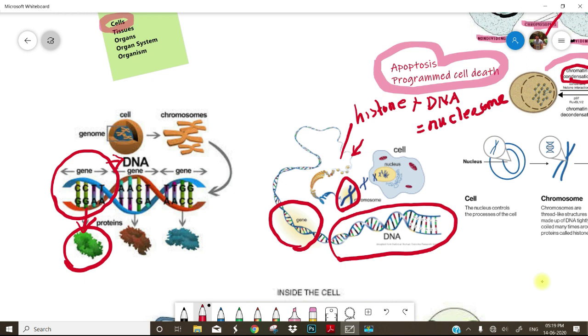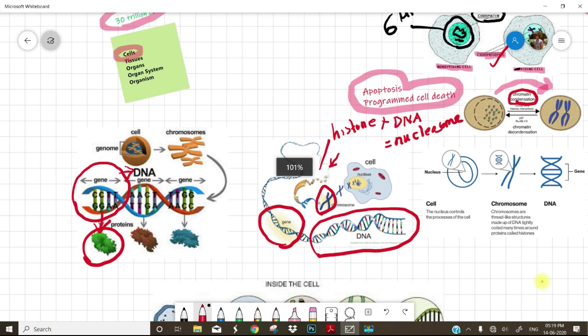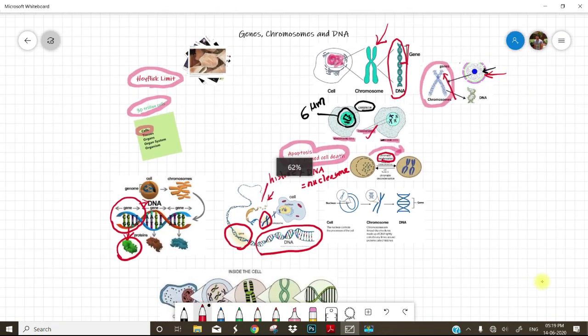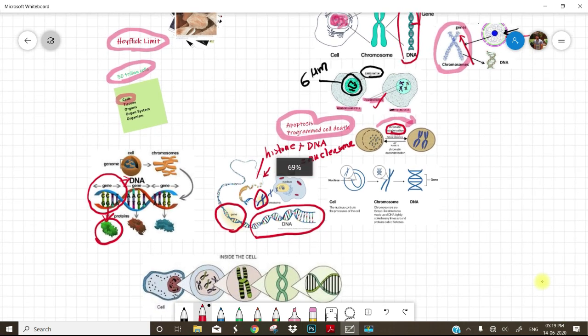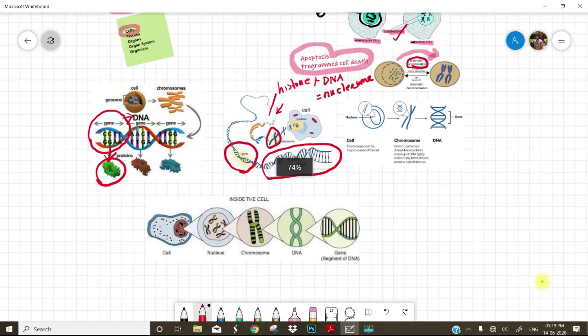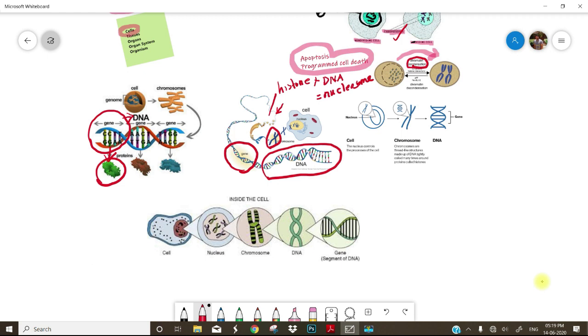So we have discussed the terms chromatin, then chromosome, then DNA, and then gene. This image shows the sequence. Initially, we discussed the peculiarity of a cell, then the nucleus, which is the largest organelle inside a cell, and after that, the thread-like structures of genetic information, called chromatin.